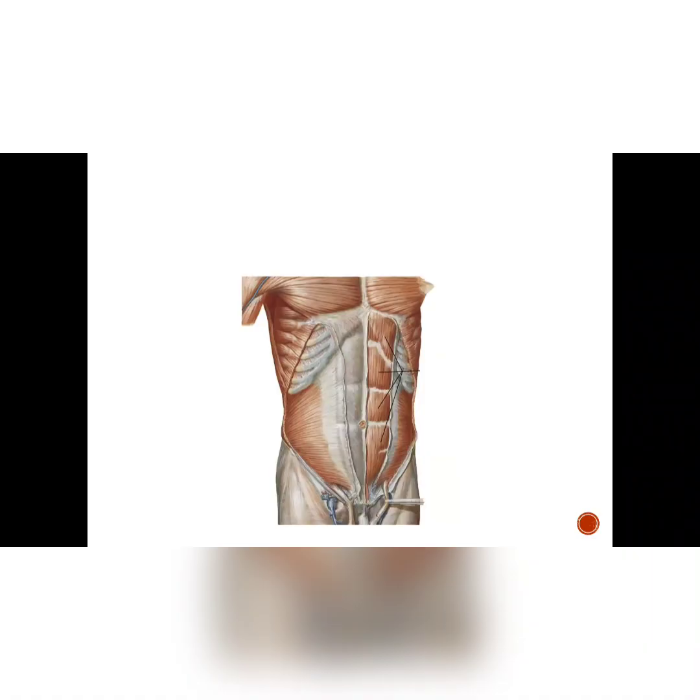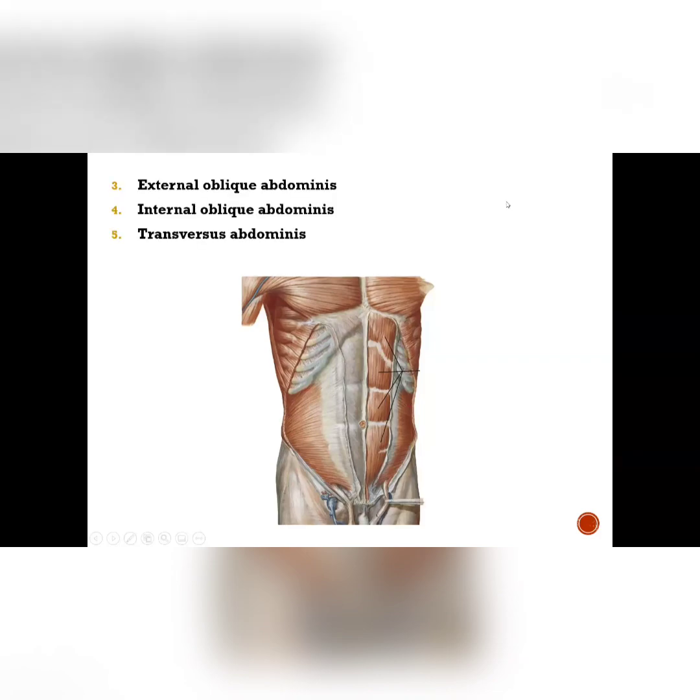Yes, in the paramedian region is the rectus abdominis. You can also see there are muscles present in the lateral region of the abdomen on either side of the rectus abdominis. These muscles are present in 3 layers. These are the lateral muscles, also known as the flat muscles of the anterior abdominal wall.